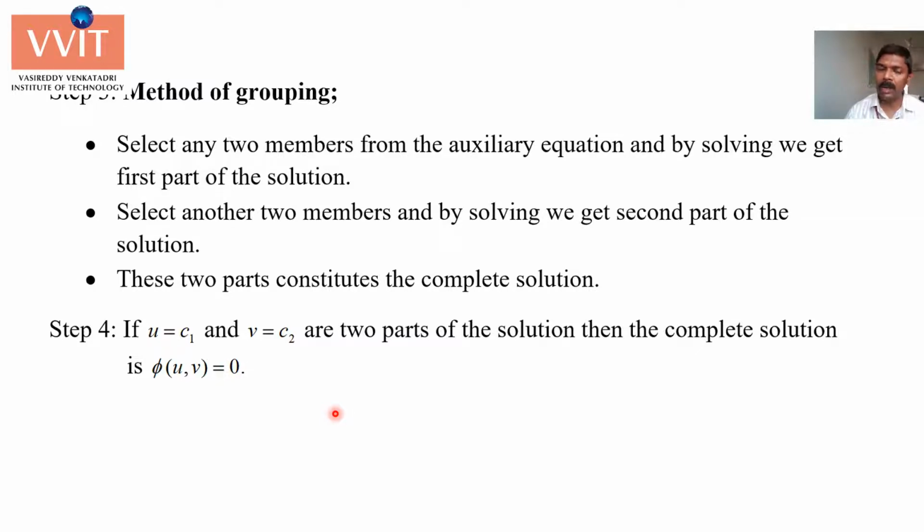Right now we are solving the differential equation, so in the method we have to perform integration. After integration we get the solution. So here also select any two members, and by solving, that is by performing integration, in both parts we get the outcome of each part, and finally we write phi of first part comma second part equal to 0.